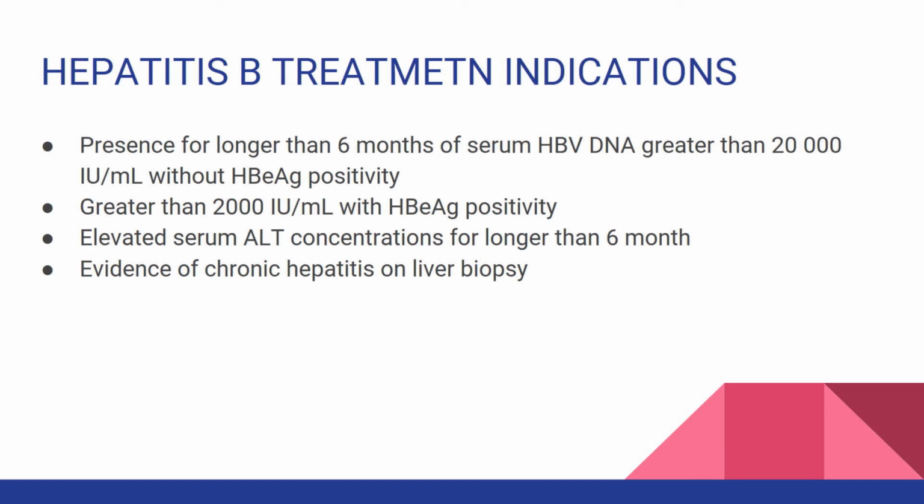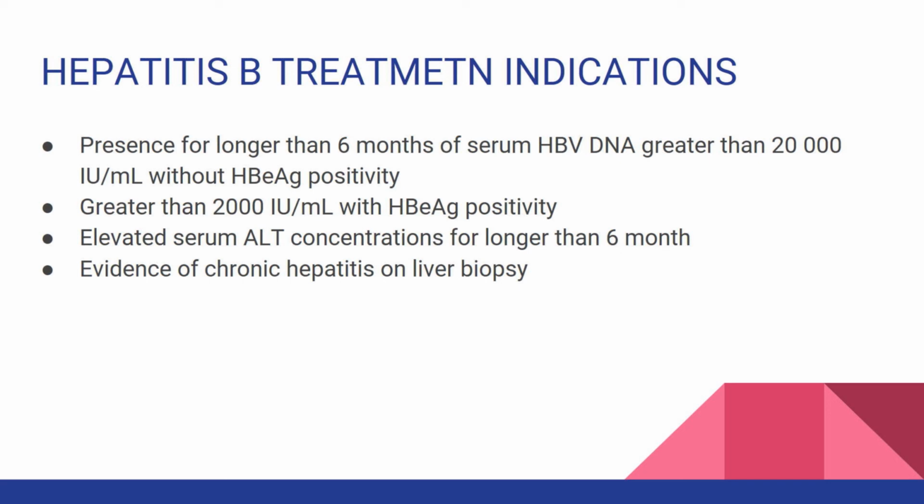Now, what are those indications? If there is the presence of hepatitis B DNA greater than 20,000 international units per ml for more than 6 months, and if there is a hepatitis E antigen positive result, then that could be an indication for treatment intervention.